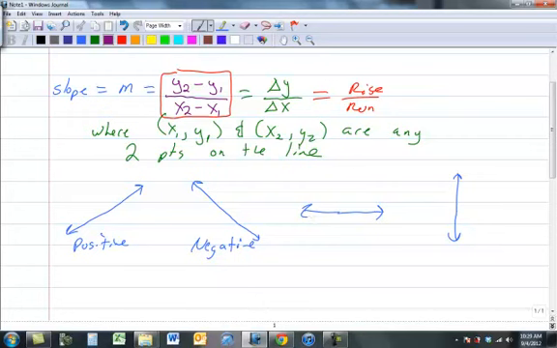A horizontal line has a slope of 0, and we'll talk more about why during class tomorrow. But a horizontal line has a slope of 0. A vertical line has a slope that is undefined. And again, we'll talk more about why during class tomorrow. Or just ask me, and I'll tell you what's up.